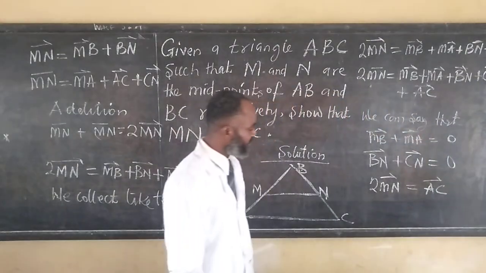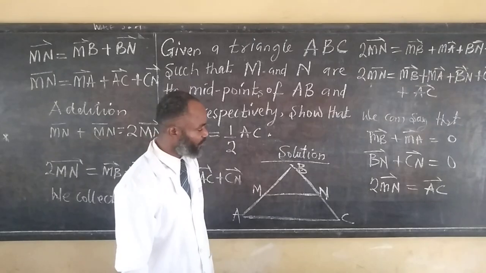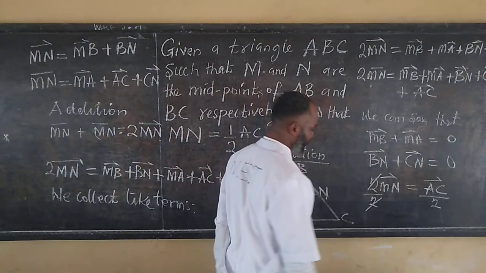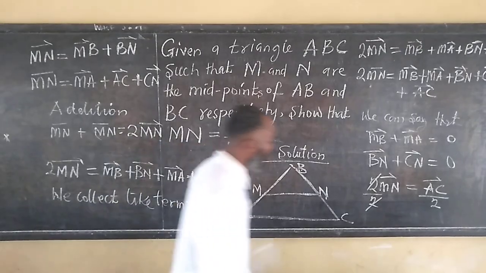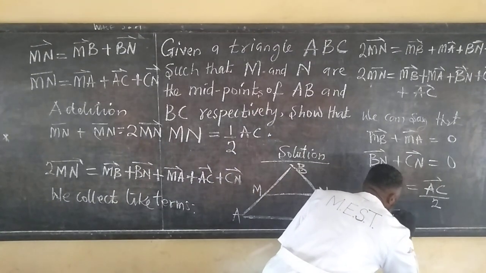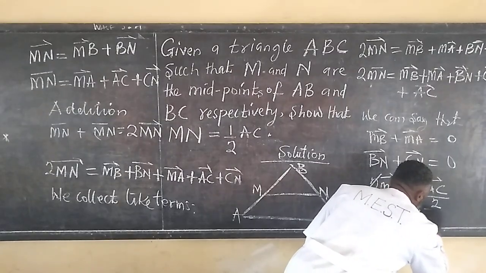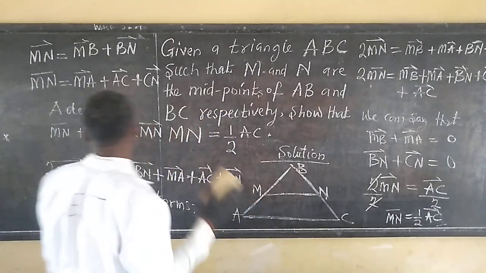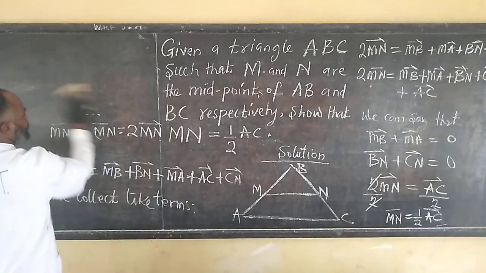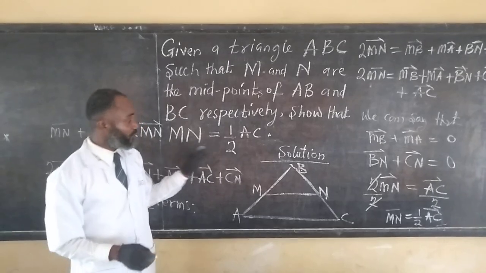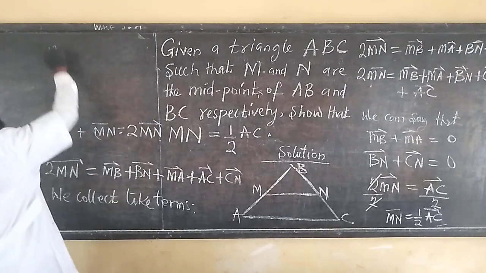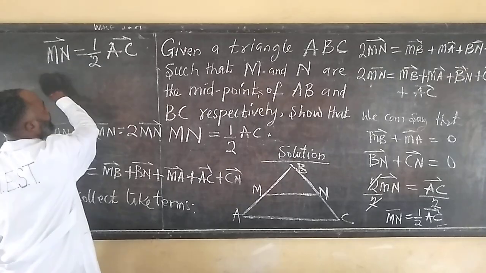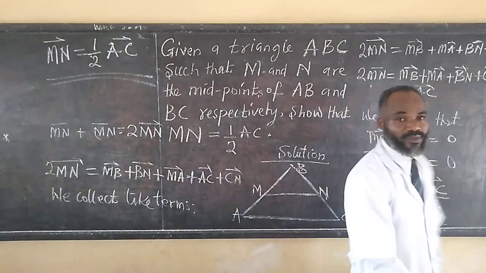If we divide through by 2, the 2s cancel, and finally we have line MN is equal to half AC. So it has been proved.